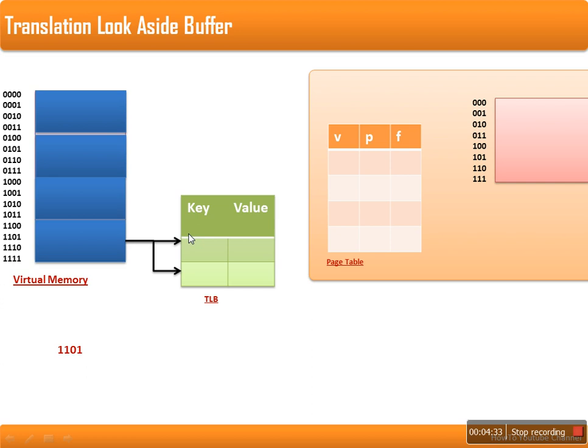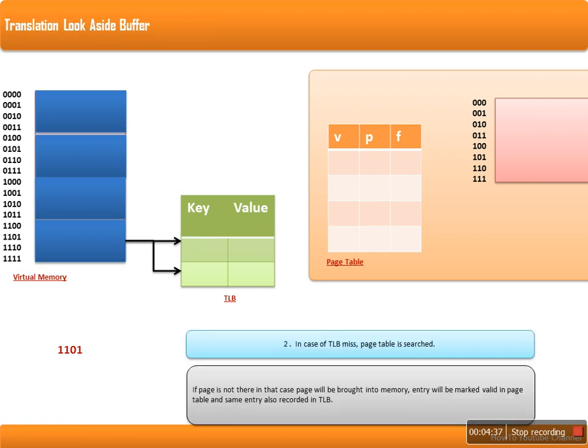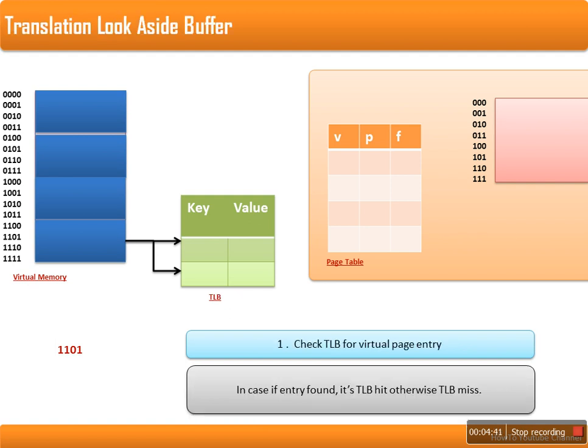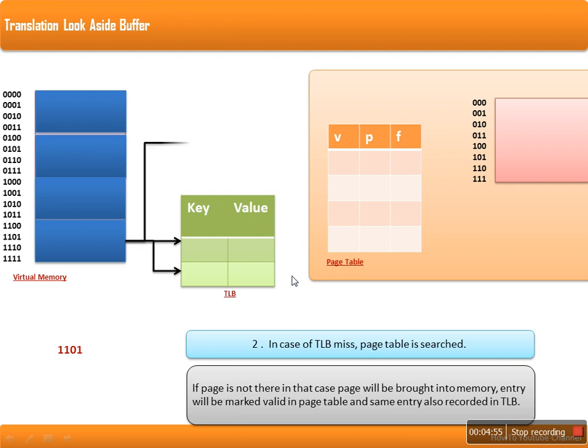And whenever there is a TLB miss, next it will fetch the page table. So first of all check the TLB for the virtual page entry. If the entry is found, it is a TLB hit, otherwise a TLB miss. Second, in case of a TLB miss, the page table will be searched.